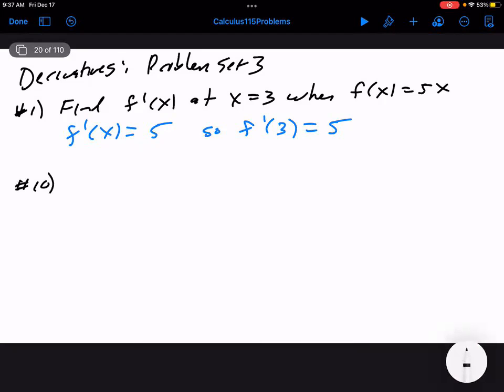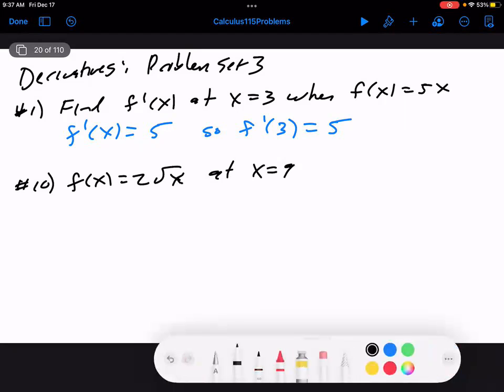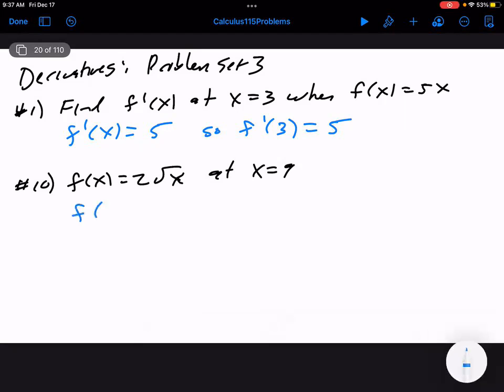we now have f of x equals 2 square roots of x at x equals 9. And so the way I like to solve problems like this is I'll write f of x as 2x to the 1/2. And now I'm going to use the power rule. If I have x to the r, and I take the derivative, it's r x to the r minus 1.